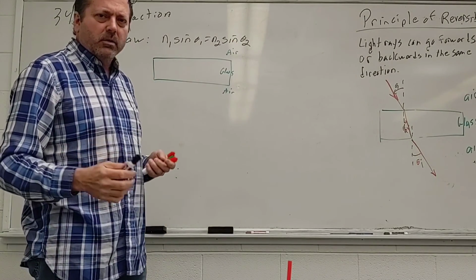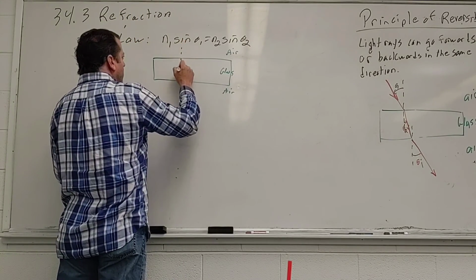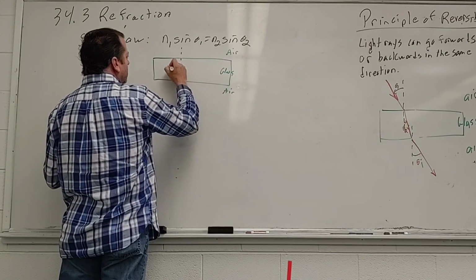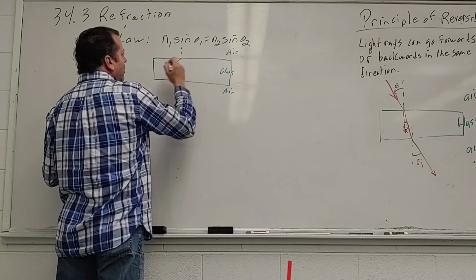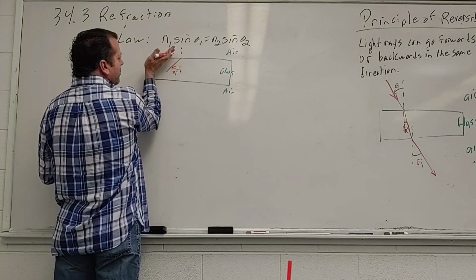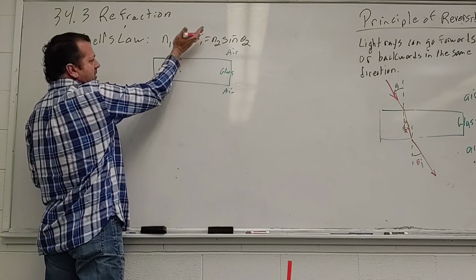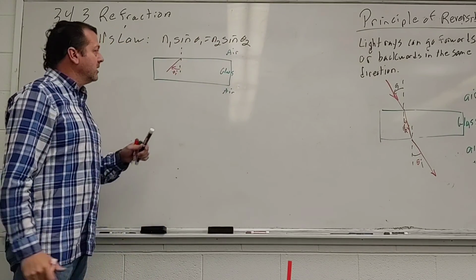Is it possible for us to shine this in at an angle where the refracted angle, because as I move this way, that's going to get bent further away from the normal, because it's going from high index to low index.